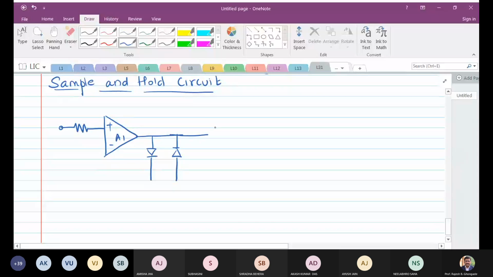And a component which is known to you. I use a different color on purpose.